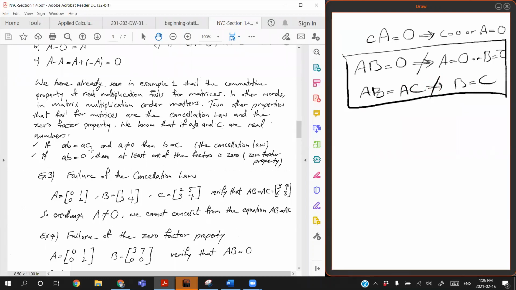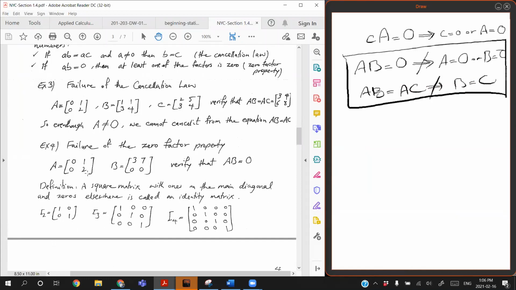In order to prove them, we just need an example. And here you have the examples. In order to actually disprove something, you just use an example. You cannot prove something with an example, but in order to disprove something, you can just use an example. And here are some examples.